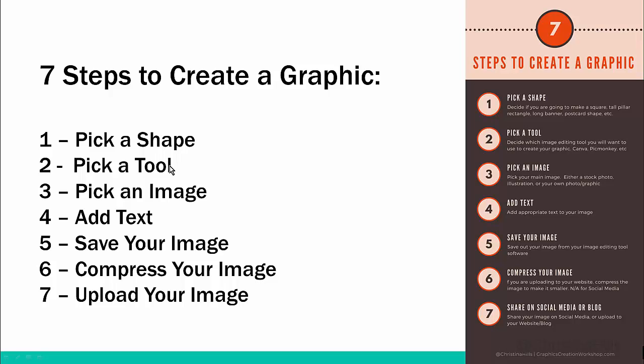What tool are you going to use? Then you're going to pick an image that's going to be the basis, the foundation for the graphic you're making. Then you'll add text. Then you'll save your image. Then you'll compress your image, and I'll teach you what that means, and then you upload your image. So these are the 7 steps to create a graphic.